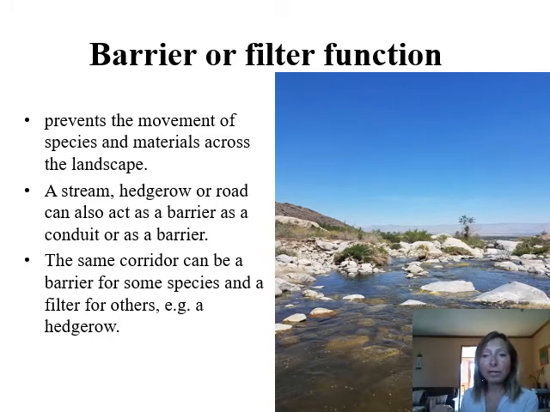The same linear features can act as barriers when they completely stop and prevent the movement, or they can just slow us down across the landscape, like this little stream. We could still cross it, and so it would be more appropriate to think of it as a filter, at least for humans, rather than a complete barrier.